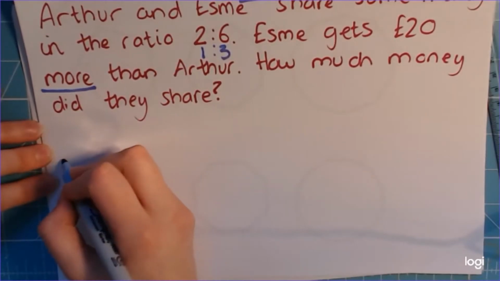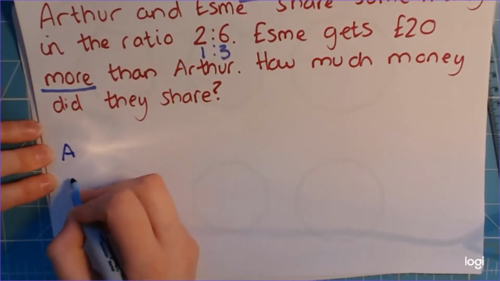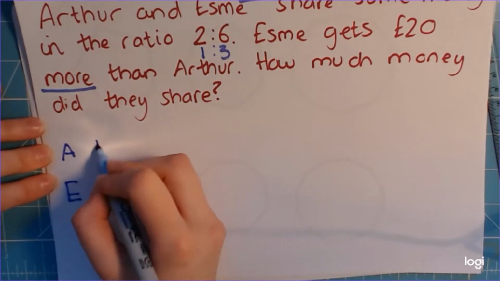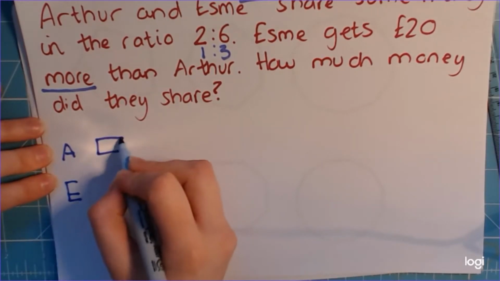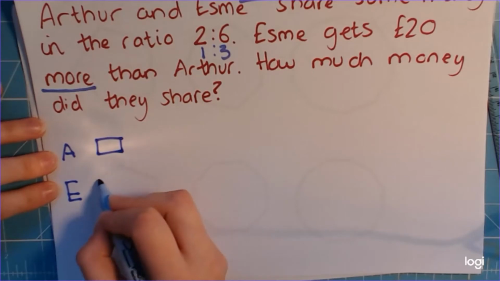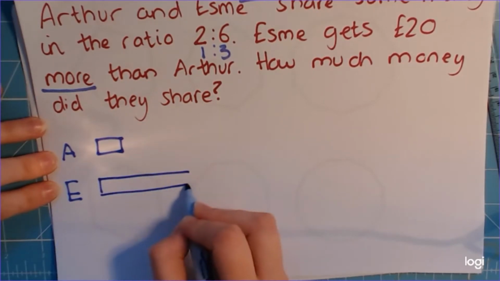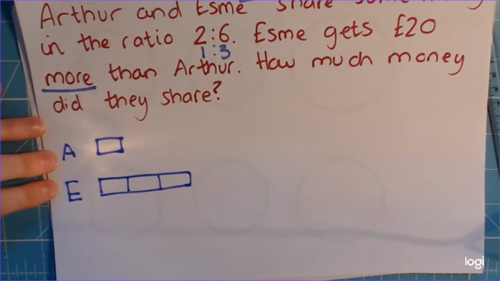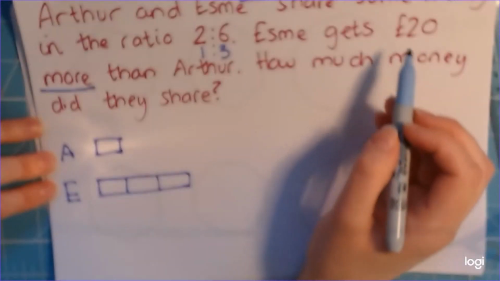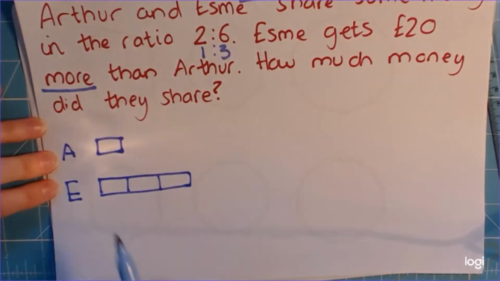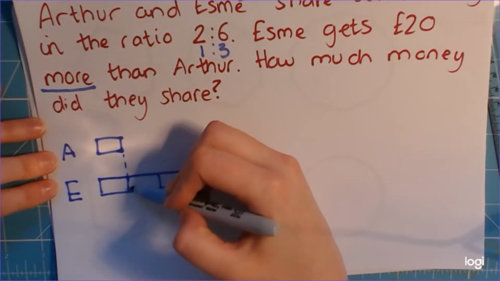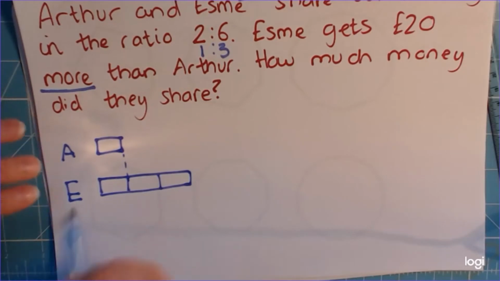So we've got Arthur here and Esme here. I'm going to call them A and E, and we've got one portion going to Arthur and 3 going to Esme. And we're told Esme is getting £20 more. If you remember, I asked you when you drew these to make it really careful that these lines lined up neatly, and this is why.